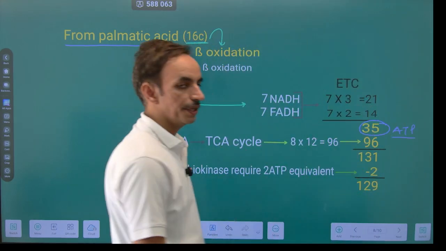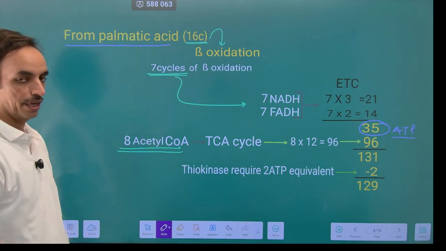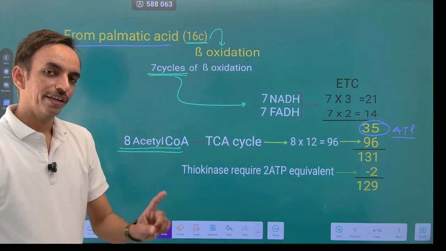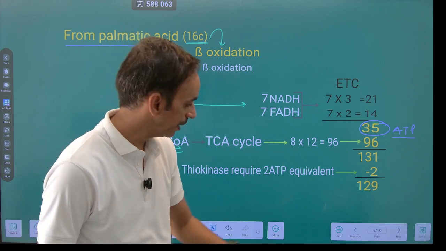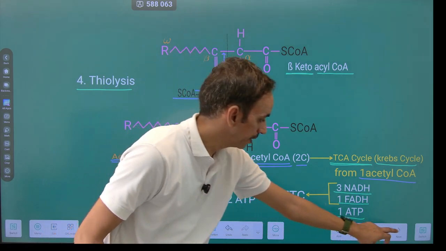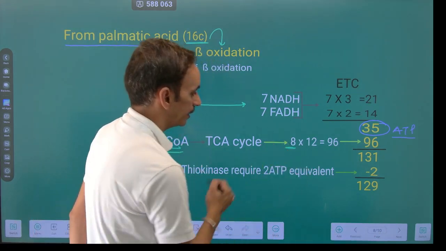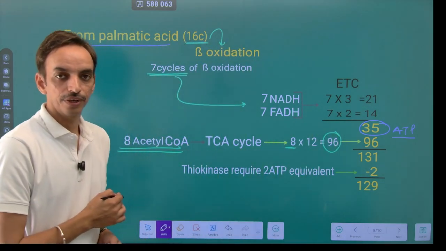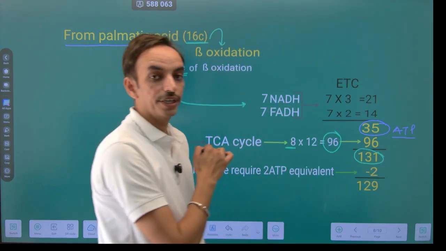Now, as a product of beta oxidation, you also get acetyl coenzyme A that can participate in the TCA cycle, and in the TCA cycle from one acetyl coenzyme A you get 12 ATP. So from 8 acetyl coenzyme A you will get 96 ATPs. So 35 plus 96 is 131.